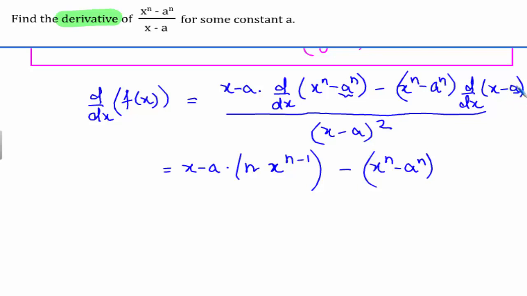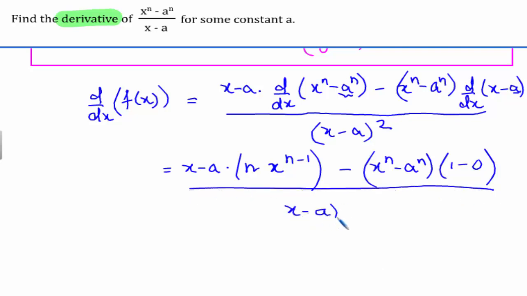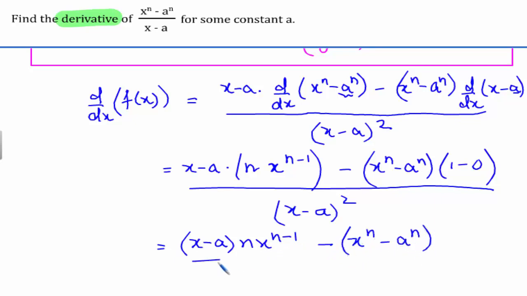Therefore, here we have 1 minus 0 whole divided by x minus a whole square. Now this is equal to x minus a into n x raised to the power n minus 1 minus x raised to the power n minus a raised to the power n divided by x minus a whole square.